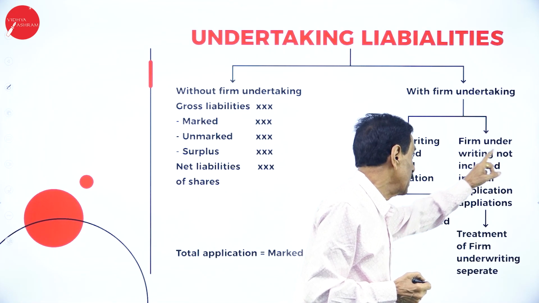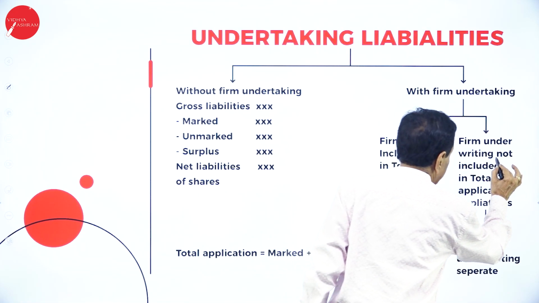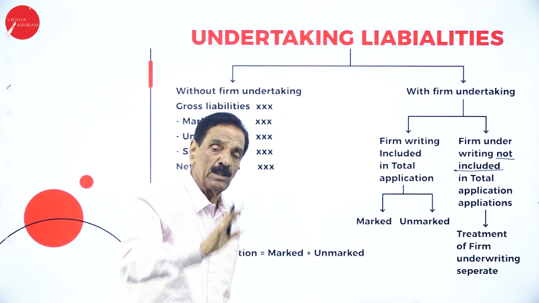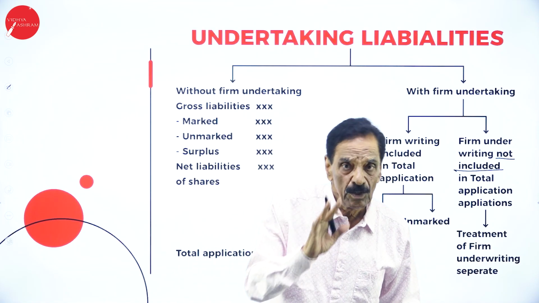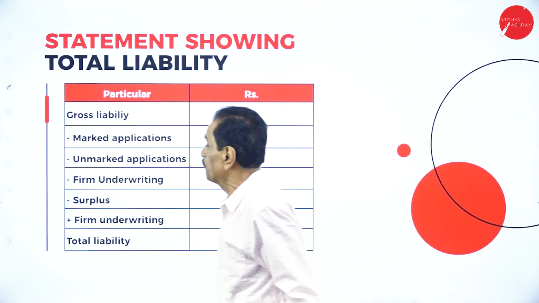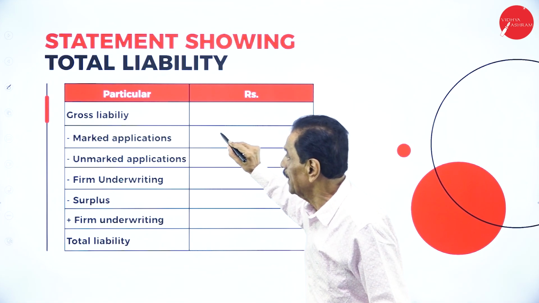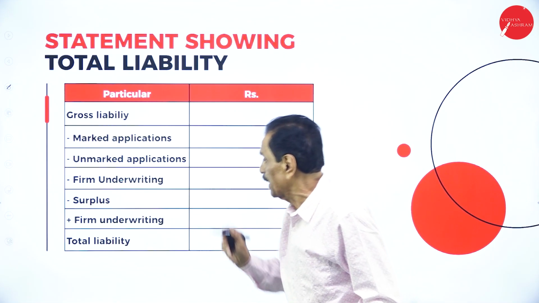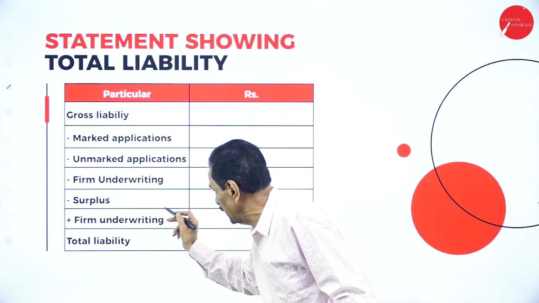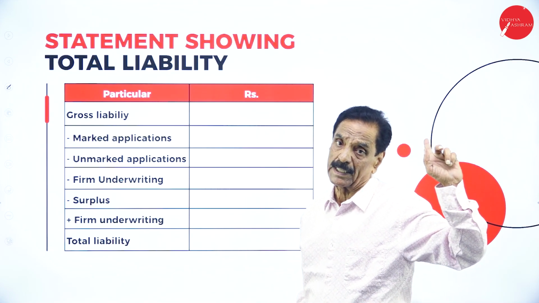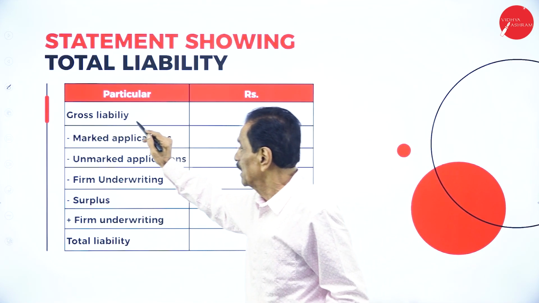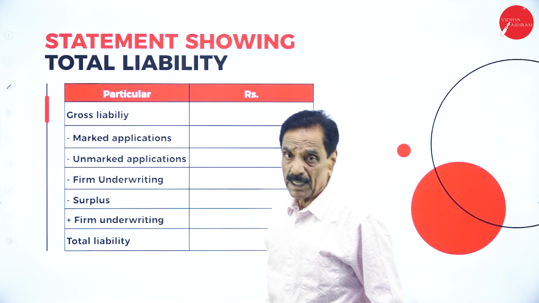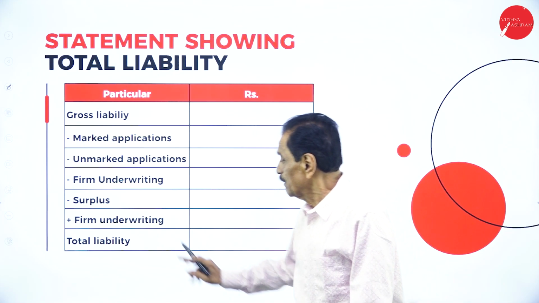If firm underwriting is not included in total application, then firm underwriting should be shown separately. How to show it separately? Gross liability minus marked application minus unmarked application minus firm underwriting, minus surplus, then add back firm underwriting.